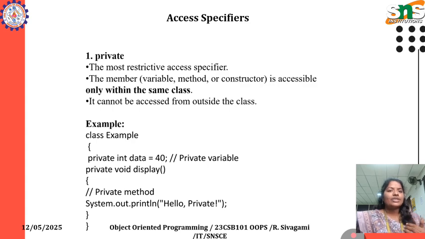Next, here I give a small example program for the private access specifier. I create a class named Example. I declare a variable data as private, and its value I mention as 40. Private void display, I declare a method also as a private method.